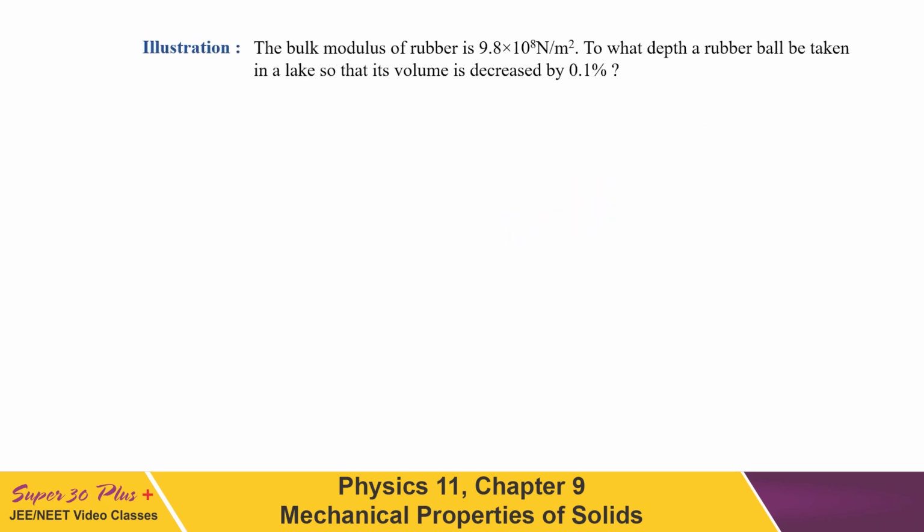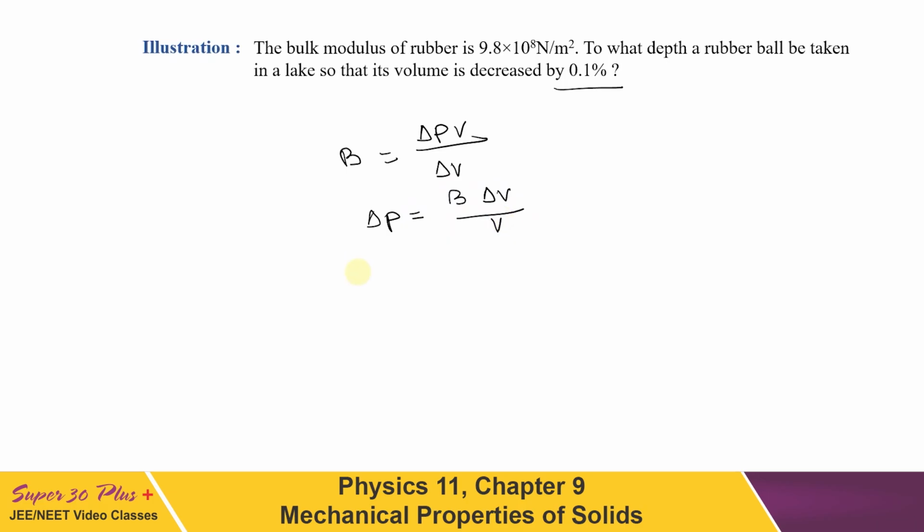The next one, the bulk modulus of rubber is 9.8 into 10 to the power 8 Newton per meter square. To what depth a rubber ball be taken so that its volume is decreased by 0.1%. As we know, bulk modulus B can be written as delta P multiplied with V upon delta V. So from here we can write delta P to be equal to B delta V upon V. Let us now substitute the values.